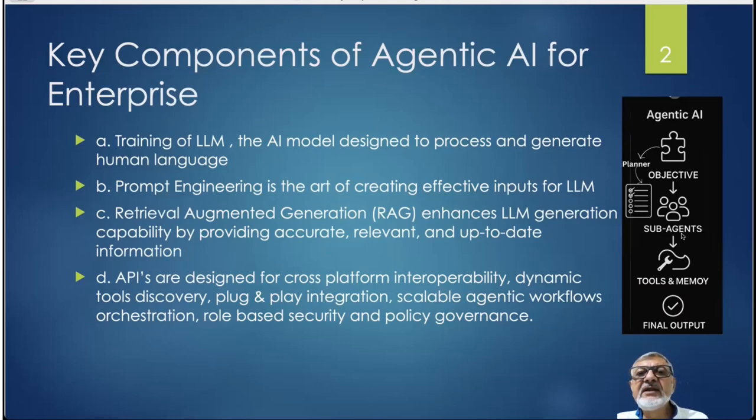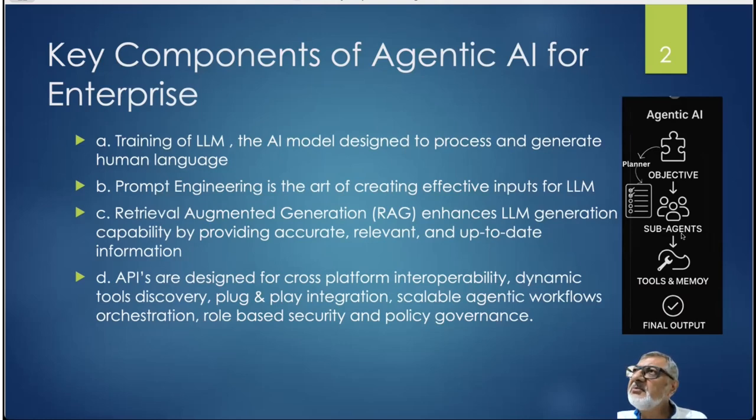Prompt engineering is another key component which helps in creating effective inputs for the LLM. Retrieval augmented generation, as you know, RAG enhances LLM generation capability by providing accurate, relevant and up-to-date information.